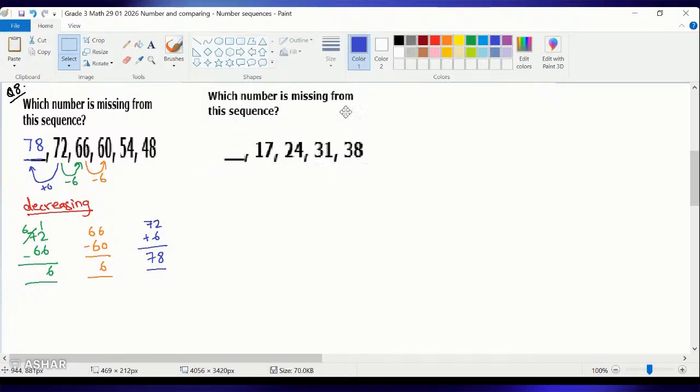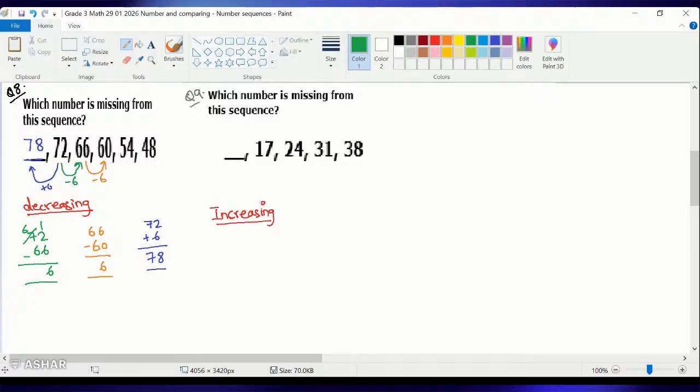For question number 9, the first number in the sequence is missing, then it is 17, then 24, 31, and 38, right? That means it is an increasing sequence because the numbers are increasing in value.